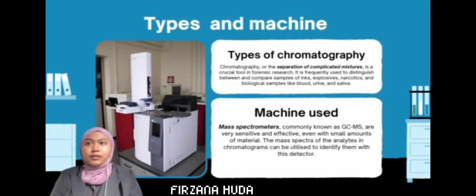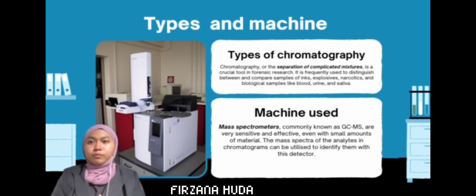So the next slide is about types and machine. The first one is types of chromatography. Chromatography, or the separation of complicated mixtures, is a crucial tool in forensic research. It is frequently used to distinguish between and compare samples of inks, explosives, narcotics, and biological samples like blood, urine, and saliva.